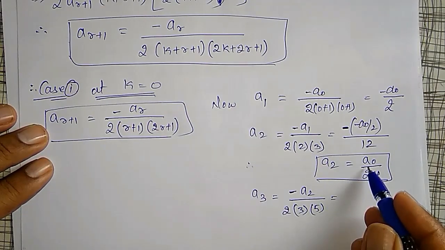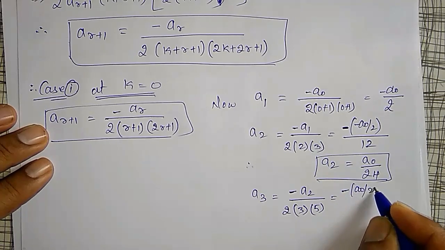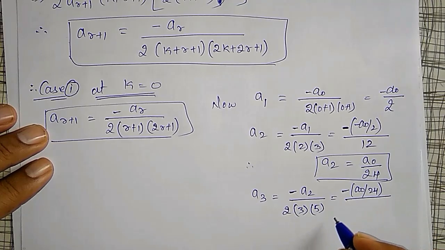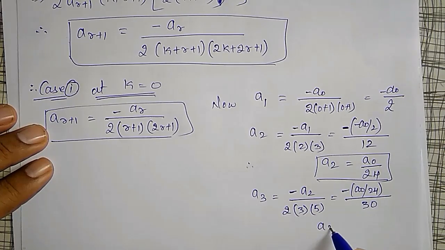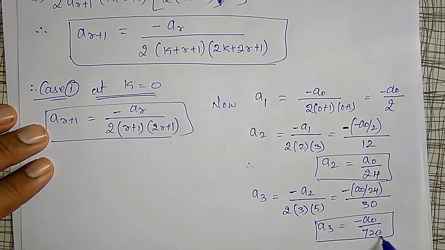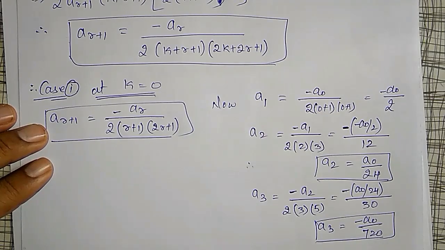But a2 is already calculated, therefore minus of a0 divided by 24 divided by 30. Therefore a3 is equal to minus a0 divided by 720. Like that, the remaining coefficients I can also find out. This is for case 1.